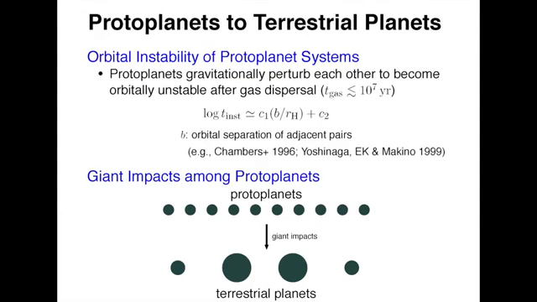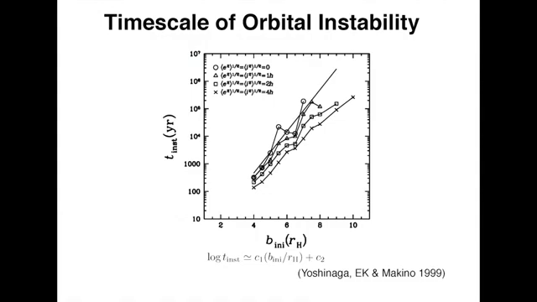So let me show you this figure. This is the orbital separation of embryos in units of Hill radius. And this is the time scale for the system to become orbitally unstable. Just one increase in Hill radius leads to one order of magnitude longer time scale for instability.